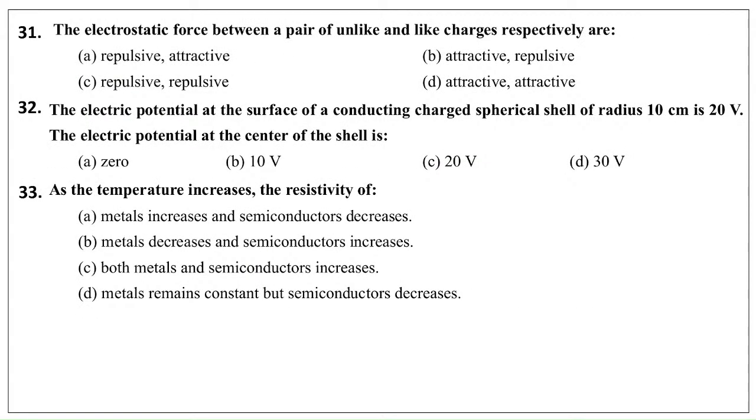Next. 31. The electrostatic force between a pair of unlike and like charges respectively are. Answer is B. Attractive, repulsive. Next. 32. The electric potential at the surface of a conducting charged spherical shell of radius 10 cm is 20 V. The electric potential at the center of the shell is.